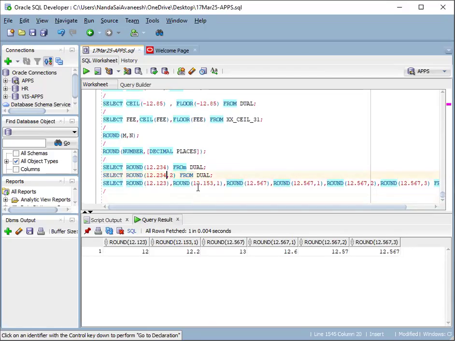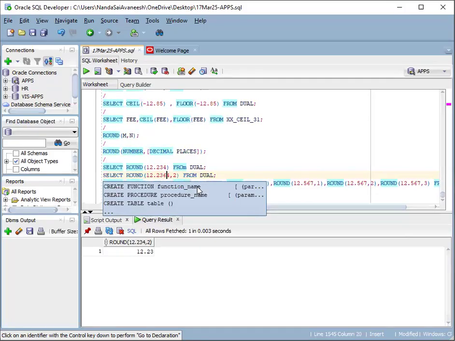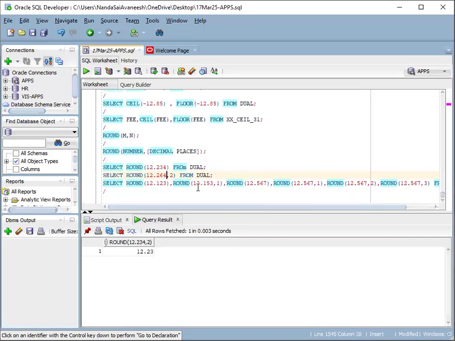Based on the 2, these values are changing. If the digit is below 5, it won't change and will only exist the same as here. If you take 2, it means 12.23 will come. Suppose you use above 5 here, so instead of 3, suppose there is a 6, there is no change because we are using 2 decimal places.